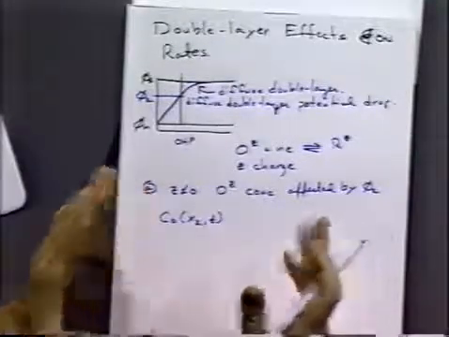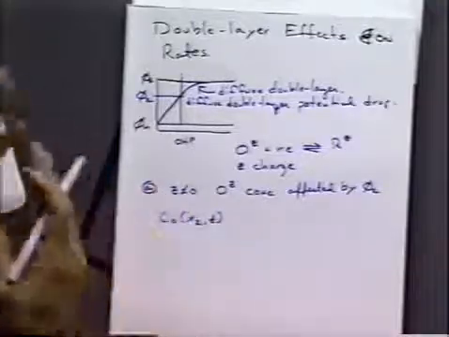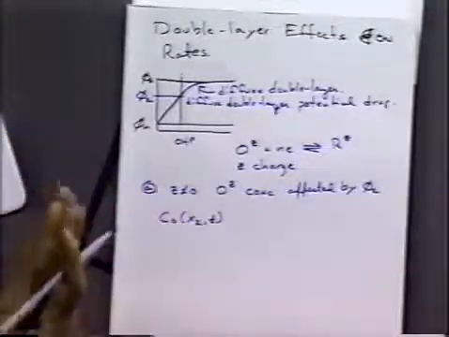Now, normally we talk about the concentration of O at the electrode surface, and that's usually okay for our diffusional problems because this distance is not very large. The difference between 0 and x2 is a few angstroms. But in this case, we're going to think about the concentration of O at x2.